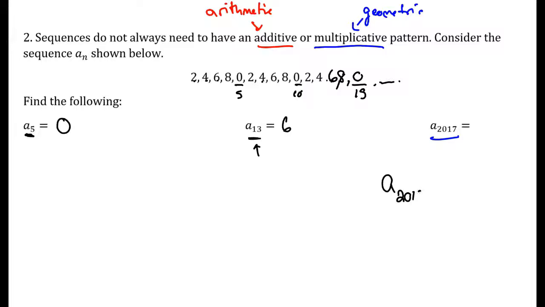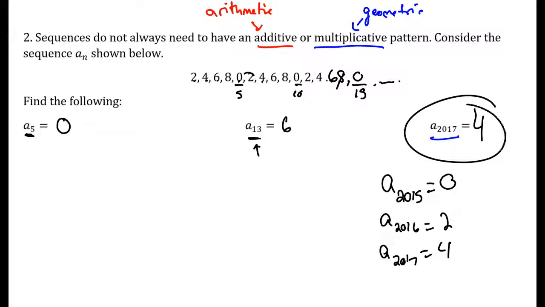So a sub 2015 is 0, which makes a sub 2016, what always comes after 0? 2. So a sub 2017, the next term, is 4. The 2017th term is 4, because every 5 terms it repeats. Every multiple of 5 was 0, so a sub 2015 must have been 0, and I continued the pattern from there.